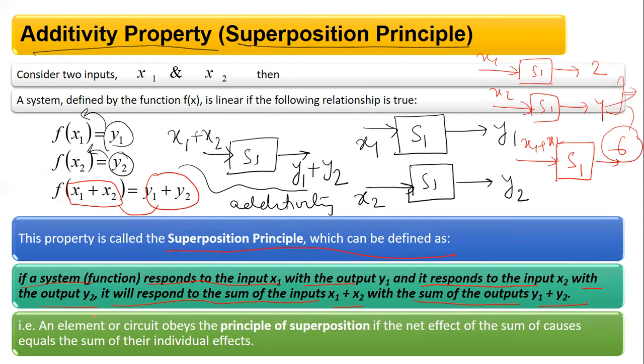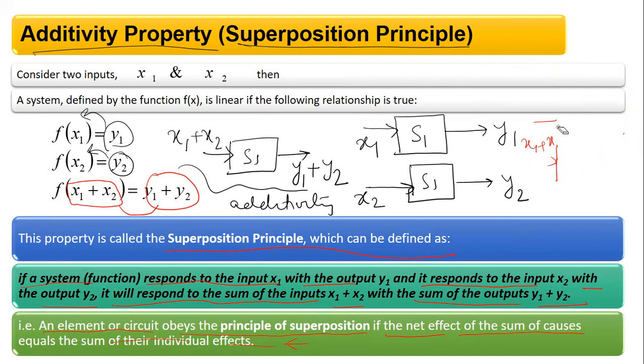Okay, so we can generalize this statement: an element or a circuit obeys the principle of superposition if the net effect of the sum of causes is equal to the sum of their individual effects. So what is a cause? Cause is your x, the input, and what is its effect? Effect is the output.